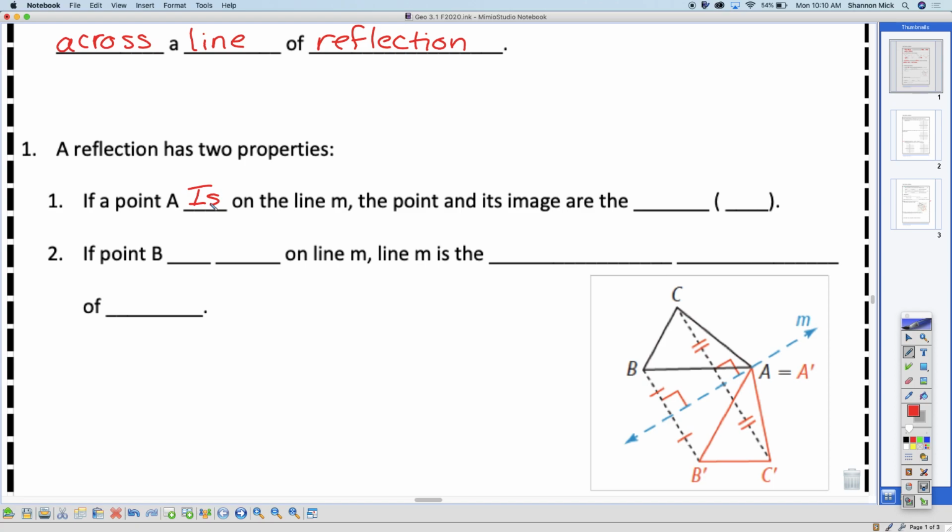It reflects across the line M. See how point A is on line M? So is it going to change? No. So if point A is on line M, the point and its image are the same. And so that means A equals A prime. And A prime, in here, prime means changed. So A is the initial point and the A prime is the changed point. It would be the same.